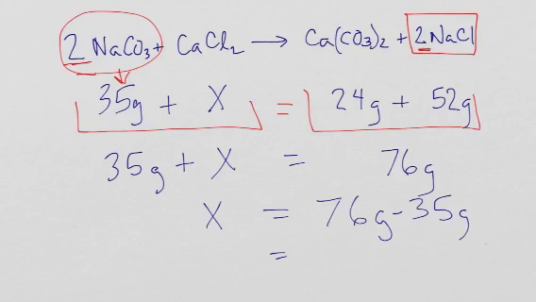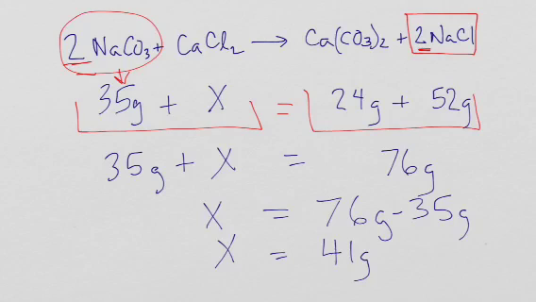So what does x give you? 41. So x is equal to 41 grams. In order to maintain the law of conservation of mass, or matter, you've got to have 41 grams of calcium chloride in this equation.